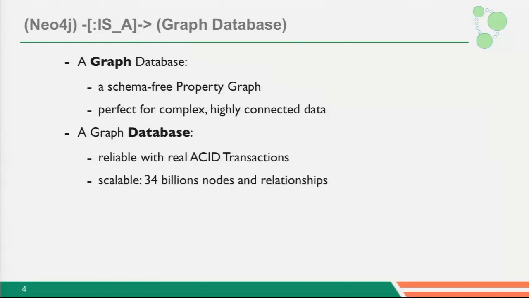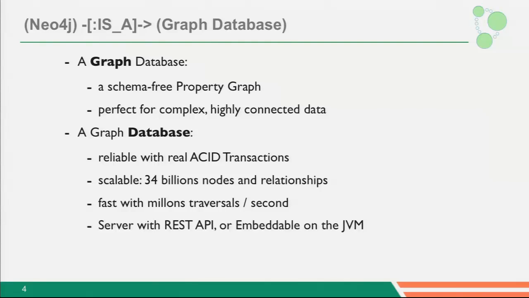We scaled to many billions of nodes and relationships. We do between 1 to 2 million hops per second in a graph when it's cached in memory, so when the caches are warm, which of course is substantially faster than any other type of database, NoSQL or not. There are 2 deployment models.